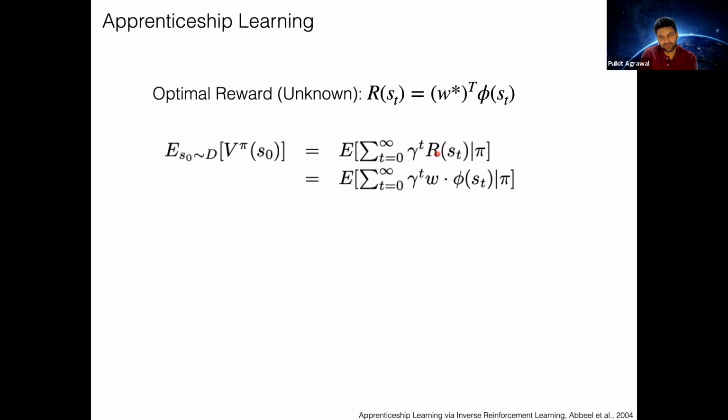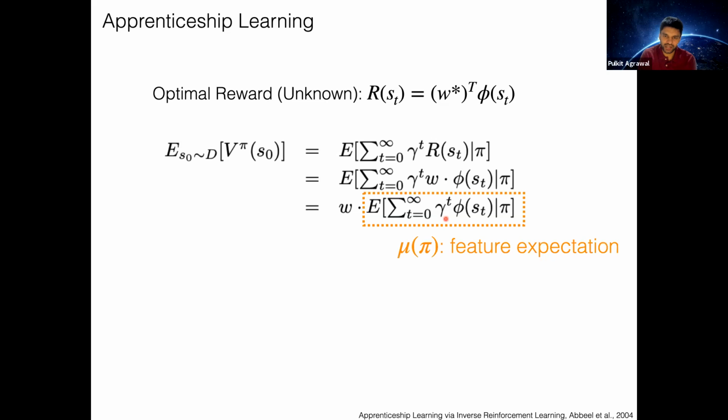Now, if features are linear, I can write my reward function as W transpose phi, and I can bring out W. Now the term over here is what I can call the feature expectation, which is the expected feature in the future if I run the policy pi.